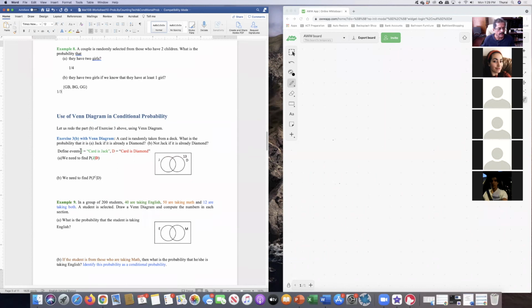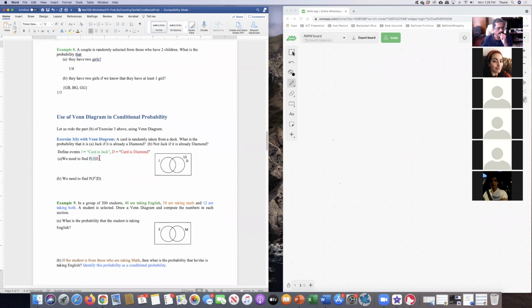To answer, we'll first define the event J as card is Jack. Define the other event D as card is diamond. Then the first question translates to probability of getting Jack given it's diamond. So J given D is the question.